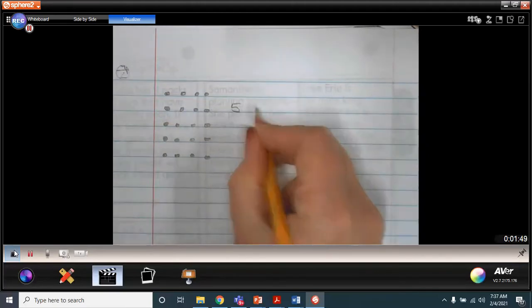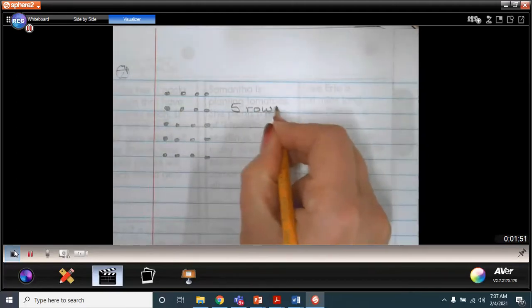Now, once we do this, we can use our understanding of repeated addition. And actually, I only have 4 rows of 4. Now I have 5 rows with 4 seedlings in each row.